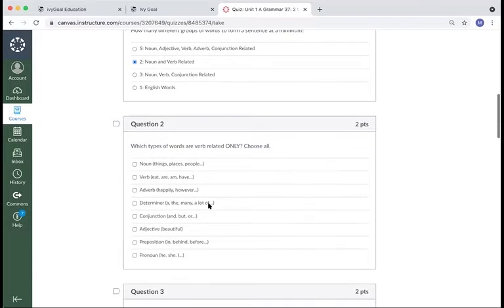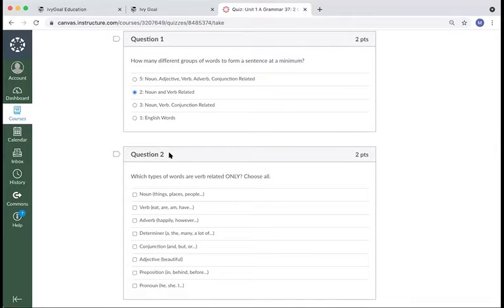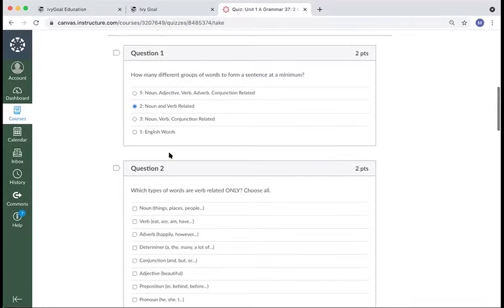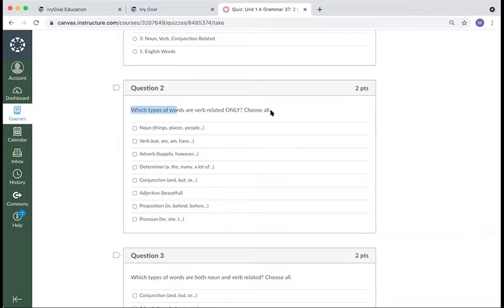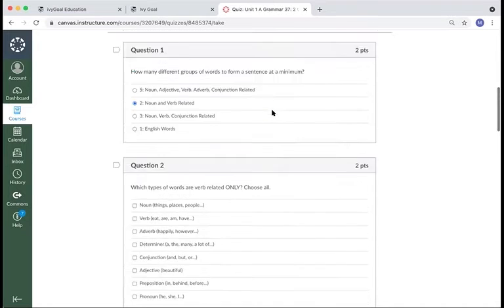All right, Elsie. This one, actually, I recalled was pretty challenging in our last one, so I think I want to do this as a group. So Elsie, can you just read that question, please? Which types of words are verb related? Choose all. Okay, good. So we're looking for the things that are verb related.